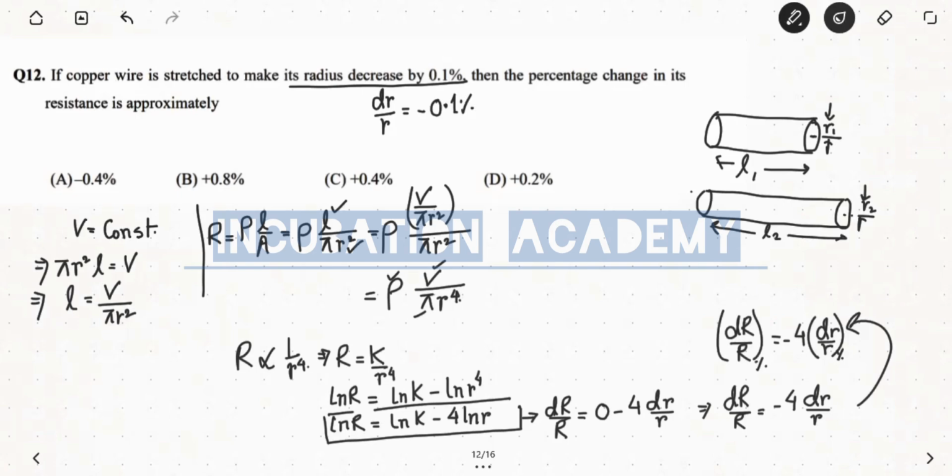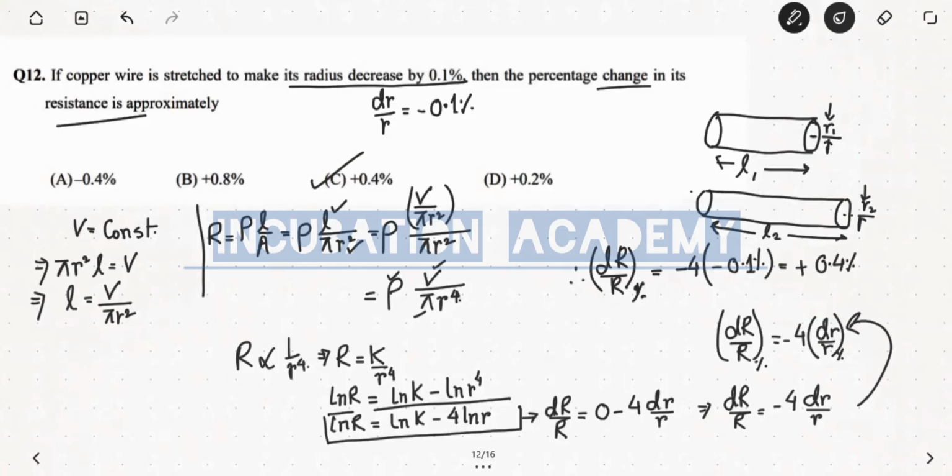Substituting the value in this equation, dR by R becomes minus 4 times minus 0.1%, which is plus 0.4%. So the percentage change in resistance is approximately plus 0.4%. Okay, thank you all of you.